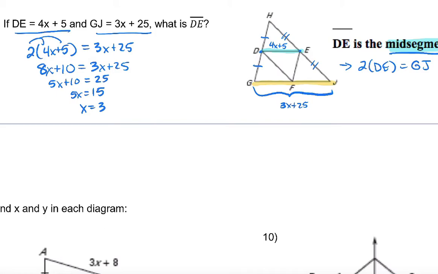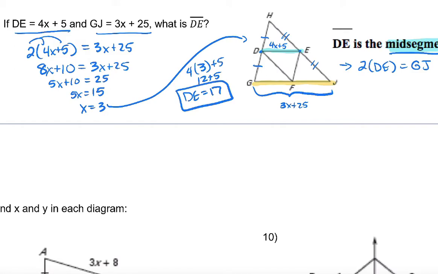That gives me the value for x, but the question is, what is DE? So we have to take our x value and plug it into segment DE, which would be 4 times 3 plus 5. So that's going to be 12 plus 5, and that gives us that DE is 17. And that is all that we need to do for number 8.